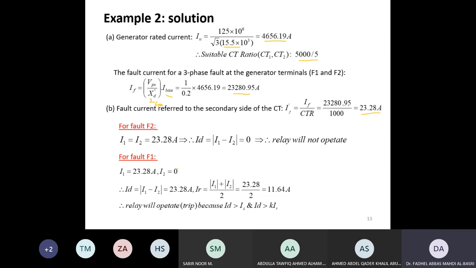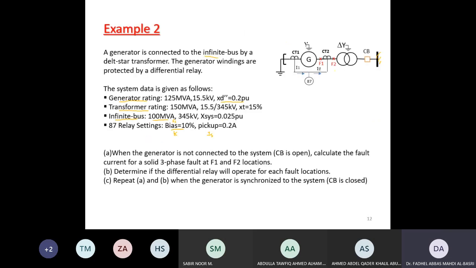Now for the fault at F2, which is this one, I'm assuming the breaker is open. So the fault current will come to this fault like this. There will be current in CT1, but there will be no current going into CT2 because the breaker is open.